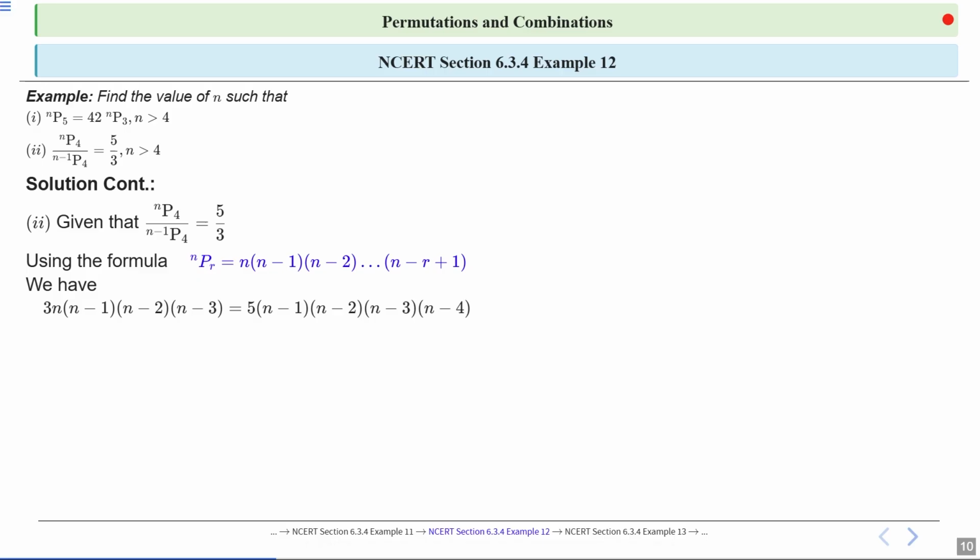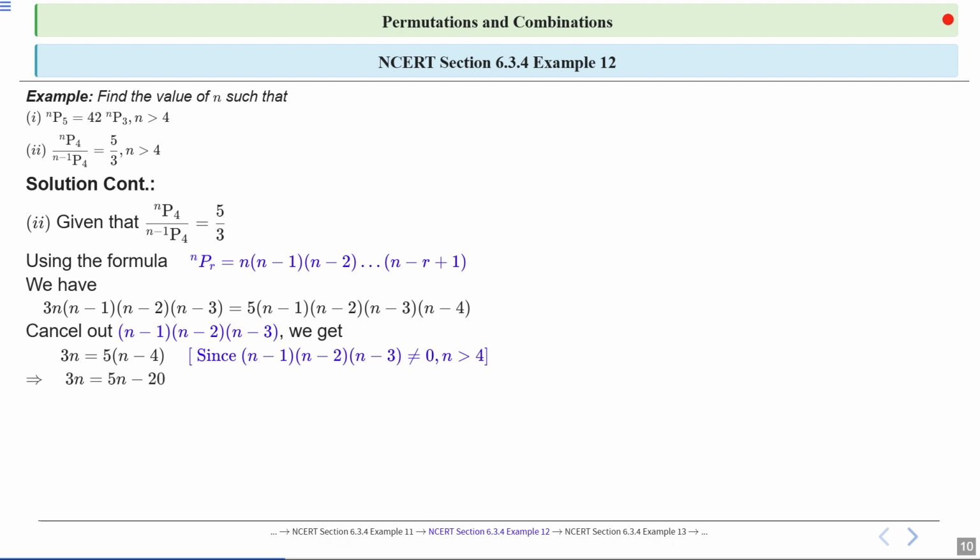So we have 3 times n times (n minus 1) times (n minus 2) times (n minus 3) is equal to 5 times (n minus 1) times (n minus 2) times (n minus 3) times (n minus 4). Now cancel out (n minus 1), (n minus 2), (n minus 3), since (n minus 1) times (n minus 2) times (n minus 3) is not equal to 0, given the condition n is greater than 4. We get 3n equal to 5 times (n minus 4).